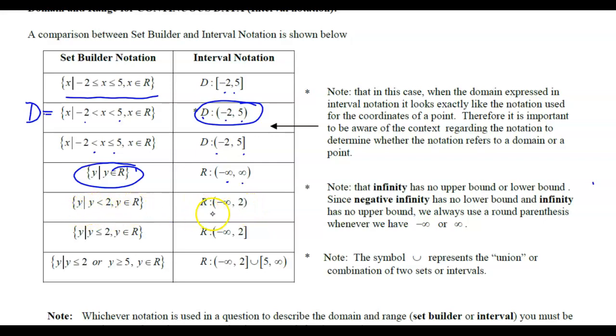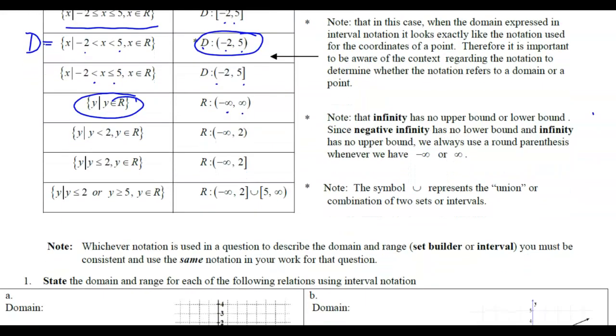And because it's only one boundary, it's going to go to negative infinity. Okay. So then here, this does have an equal sign. So the right-hand number is going to be 2, but with a square bracket. And it's everything less than or equal to 2, so it goes all the way to negative infinity.